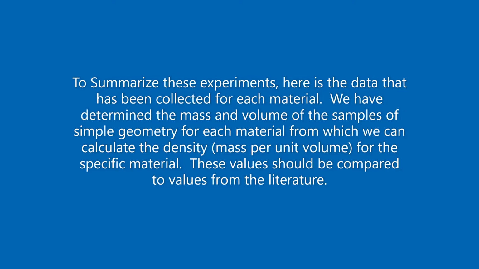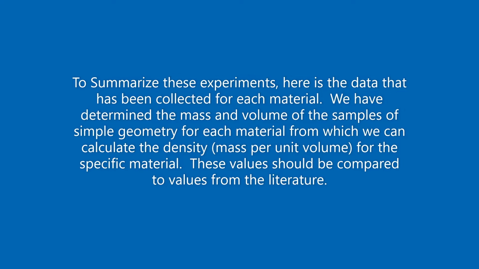Now to summarize all of the data being collected in these experiments for each of the materials. We are determining the mass of each sample material by using a balance. We're determining the volume of the samples, as they have simple geometries, by measuring the dimensions of the samples.